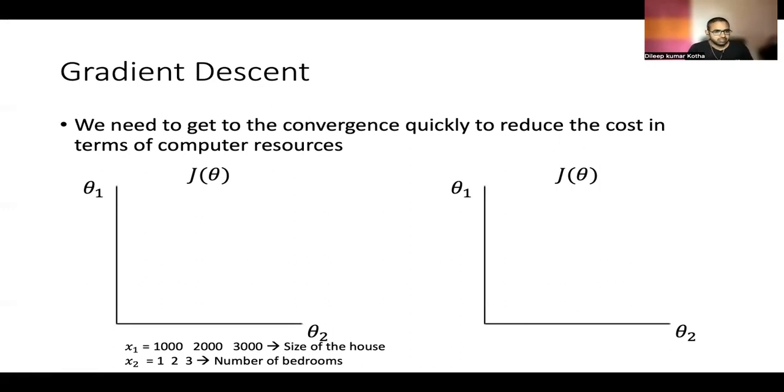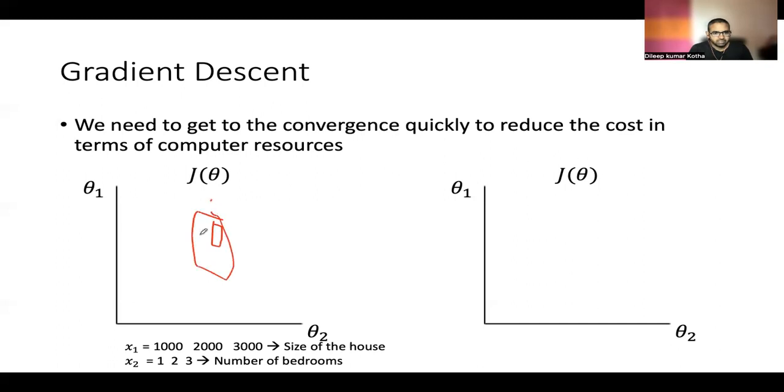Now, for example, consider there is no bias parameter and we have only theta1 and theta2 representing two variables, which are size of the house in square feet and number of bedrooms. And if we take the same range of values, where size of the house is in thousands and number of bedrooms is normally between 1 to 10, we will get the cost function like this.